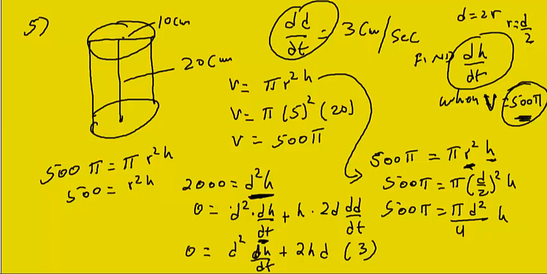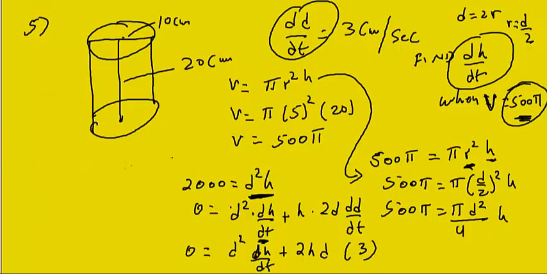So that means the height is not going to be 20 at that instant, because it's not going to be the same diameter, and it's not going to be the same height. Yeah, you're right. Got it. I don't know why I'm getting confused here. All right, let's plug in the information that's given to us.